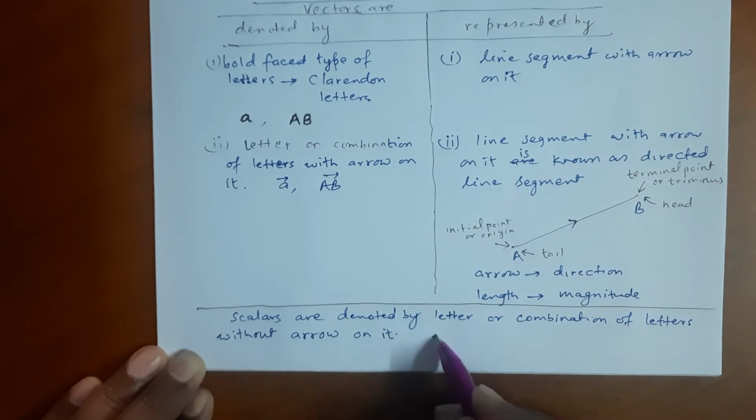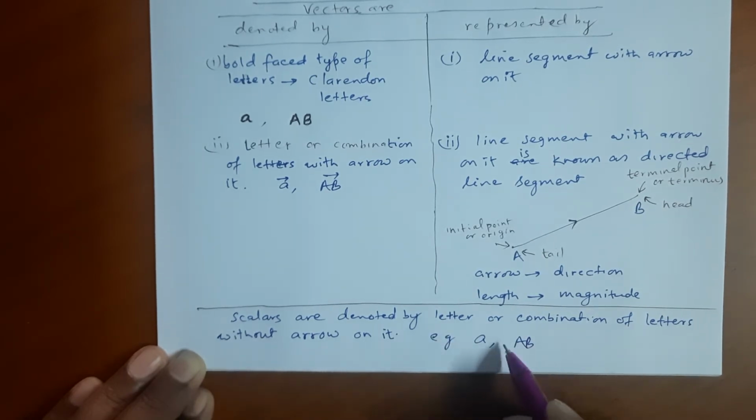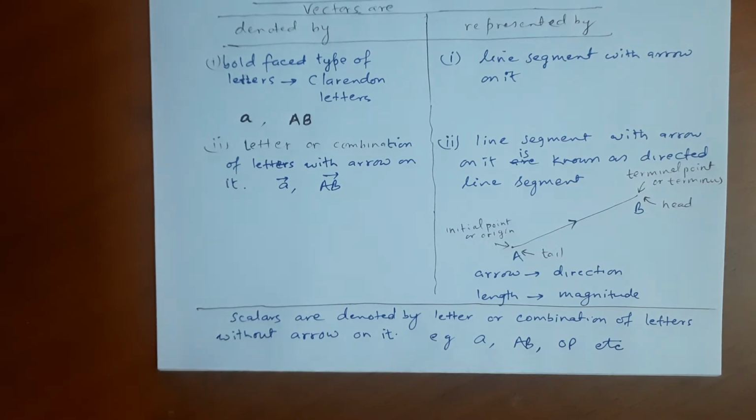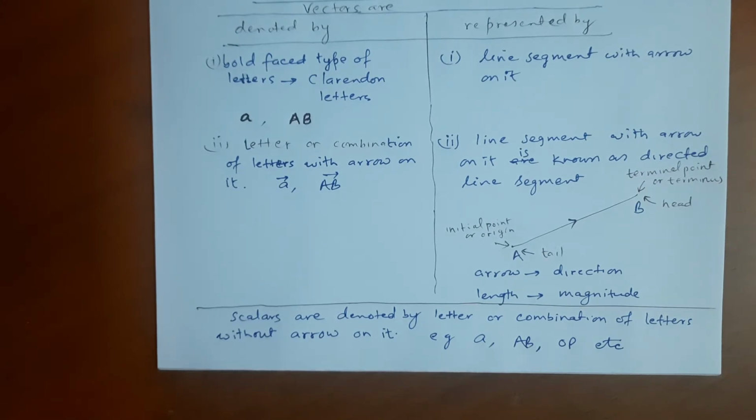So for example, this A, B, here we don't have an arrow. This denotes scalars, OP, etc. Okay, this denotes scalars. So in this way I have explained to you about notation and representation of vectors.